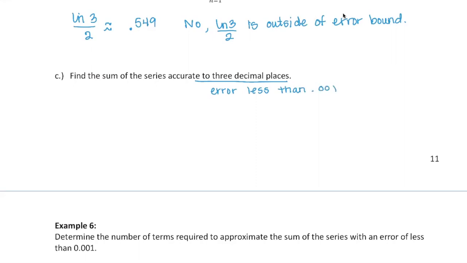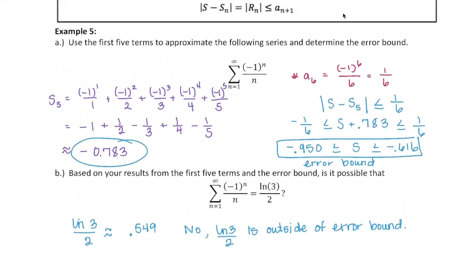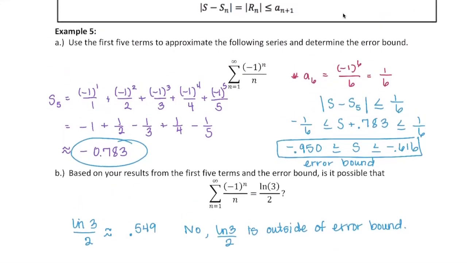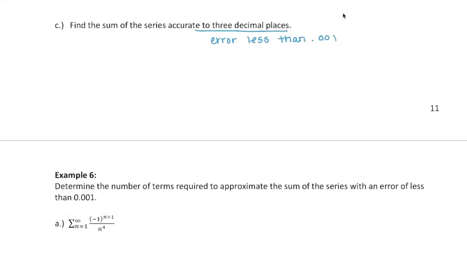So here's what we know. This is how C is different from A. Part A said use 5 terms to approximate it and then determine what the error is using that sum. We're saying this is the error I want. How many terms do I need? So we're solving for N in this case.